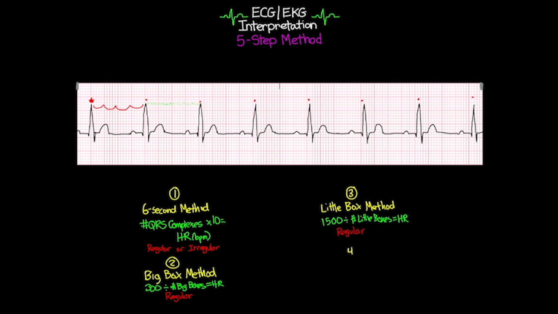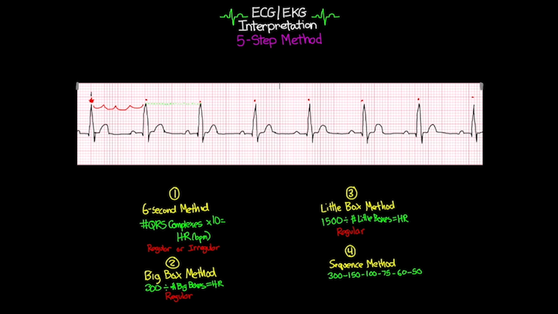All right, and so on to our last method of getting our patient's heart rate. This is going to be one that we call the sequence method. And for the sequence method, we're actually going to go back to counting the big boxes, but we're going to do that and count down with the following number sequence. We're going to count down and go 300, 150, 100, 75, 60, 50.